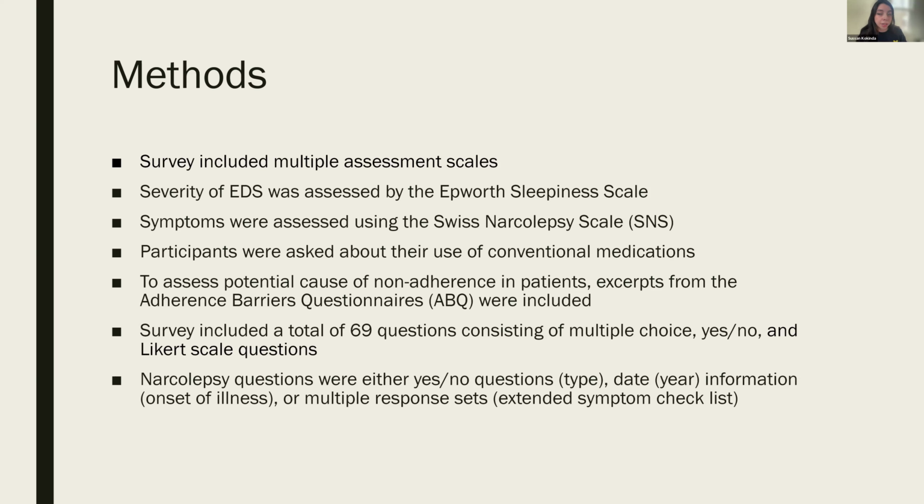The survey included a total of 69 questions consisting of either yes or no, multiple choice, or Likert scale questions. And then as far as the narcolepsy questions, it did have information on date and onset of illness, and then an extended symptom checklist.